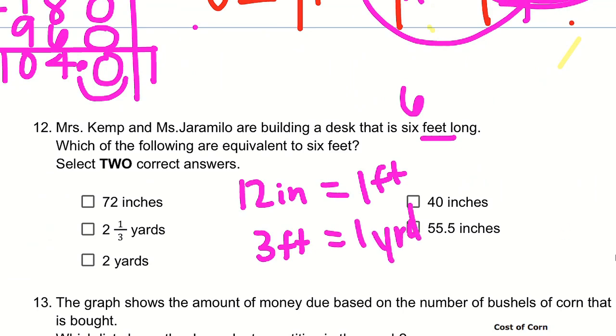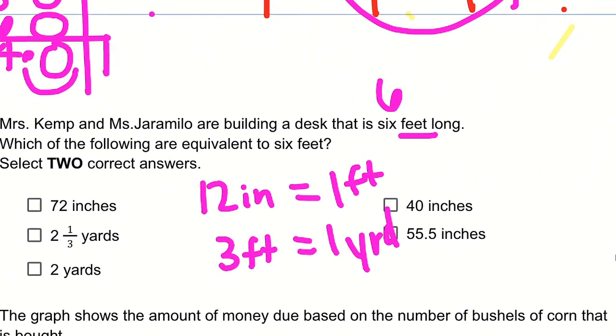Okay. So now I have to set up a proportion or a UKSN. What do we want to start with, feet or yards? Let's start with feet, in inches. So we're going to have inches on top of my UKSN. Let me go ahead and write that in.